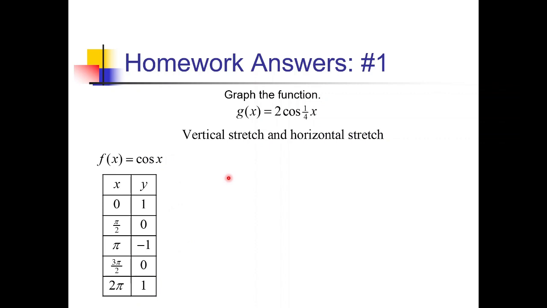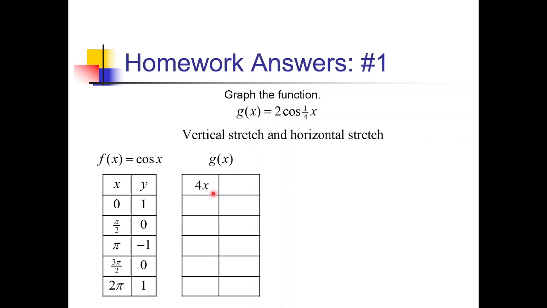So x has a horizontal stretch. When I do the g of x table, I'm going to do not 1/4 x, but 4x for that. And then our vertical stretch, we're going to handle with a 2 times y.